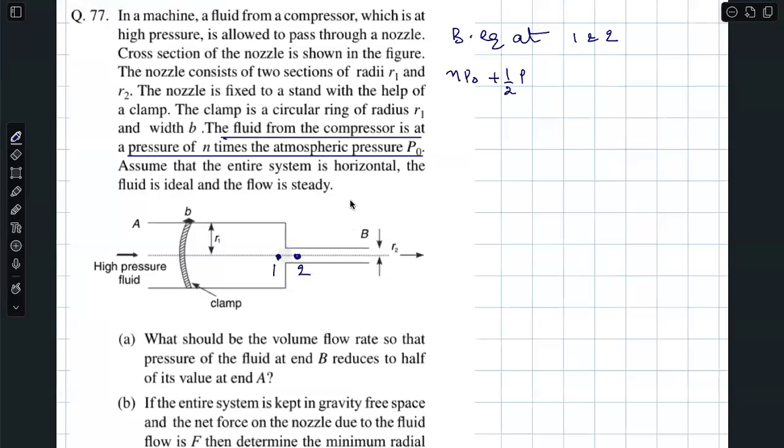Remember, equation of continuity says. You said it reduces to half.